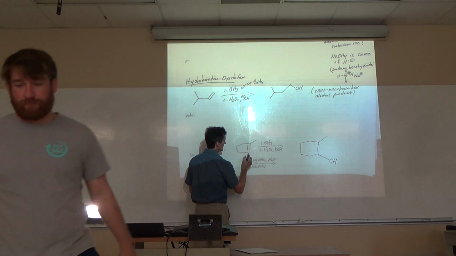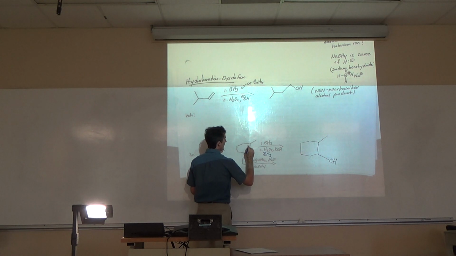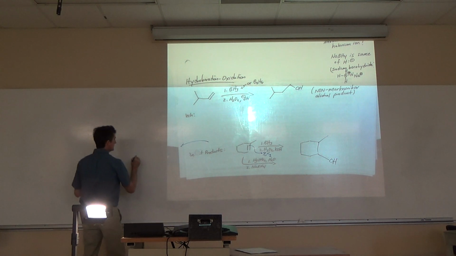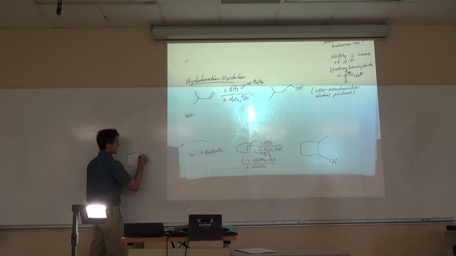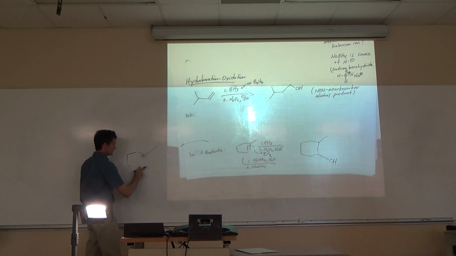Let's look at this. BH3. These electrons back here. This is now bonded to the boron, but this is now tetrahedral.